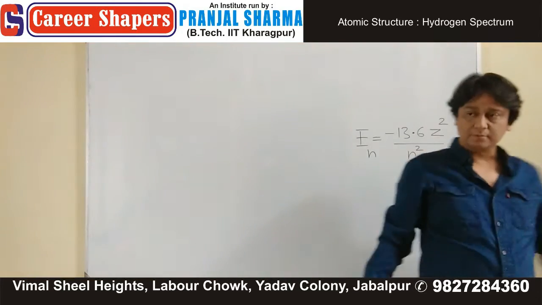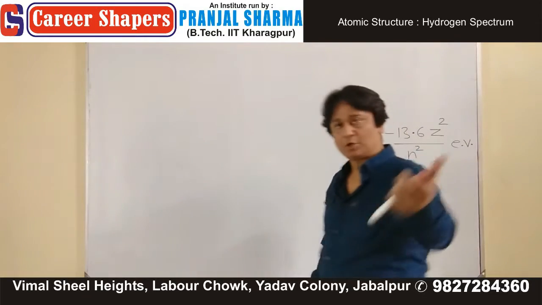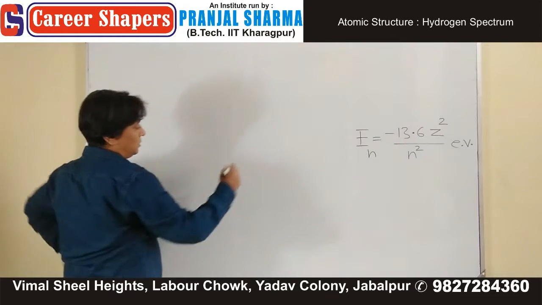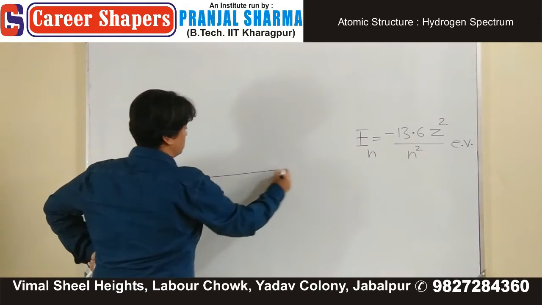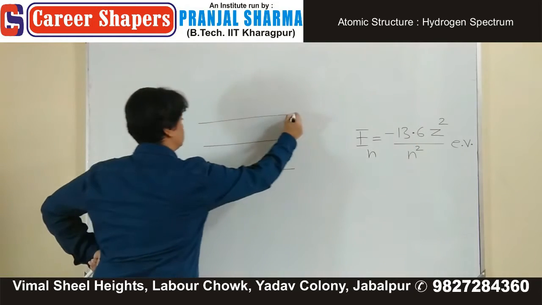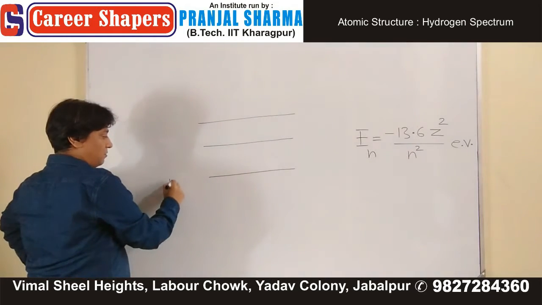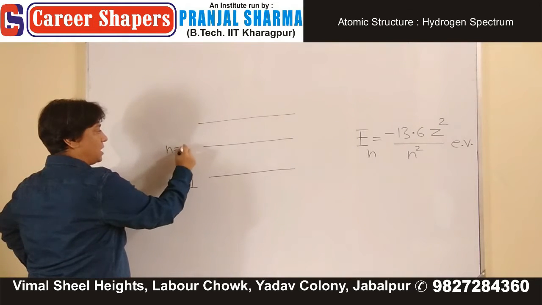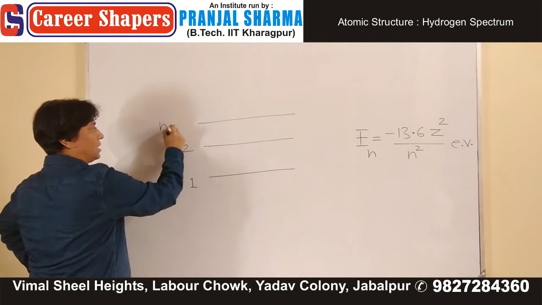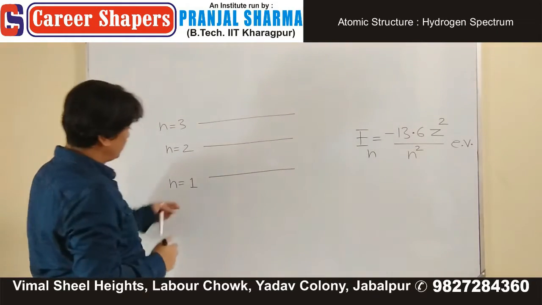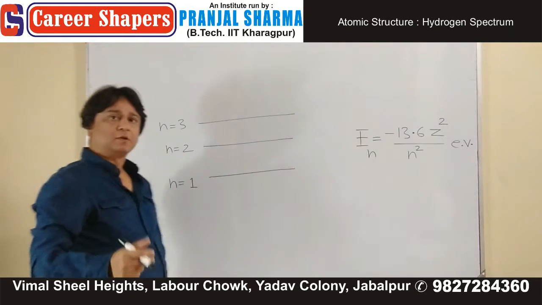Now I'll ask you a very elementary question. So if we show the energies in this form, N1, N2, N3. As you increase N, what happens?